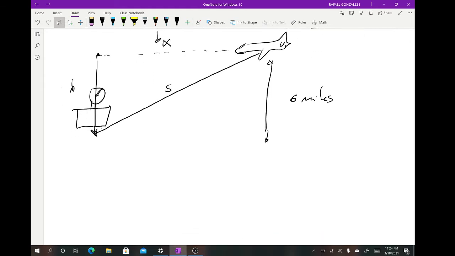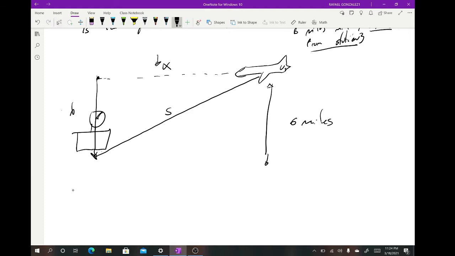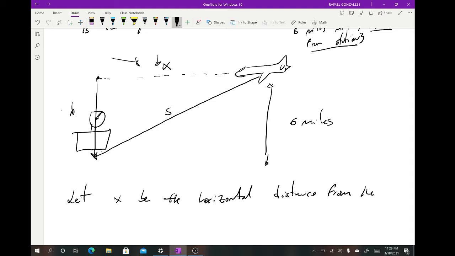So now X, that X that I drew up here, is the horizontal distance from the station. And this assumes, of course, that the station would have been lifted up to 6 miles in the sky.